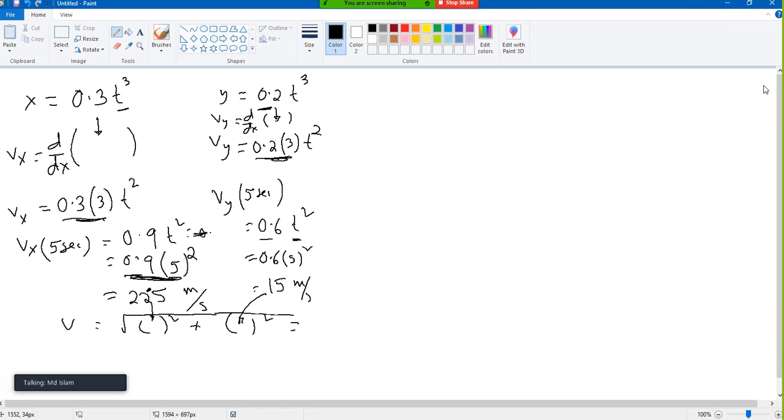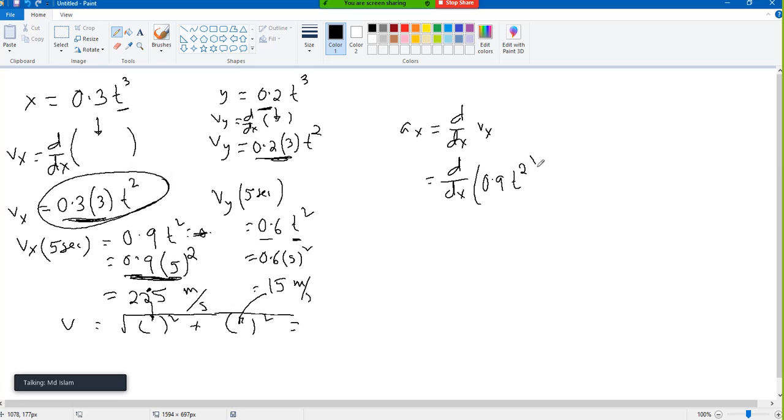Now if I want to find the acceleration, say Ax, how to find Ax? d by dt of Vx. What is Vx? You can find, no, this is your Vx. So Vx was 0.9 t squared. That means 0.9, we do not disturb the coefficient.